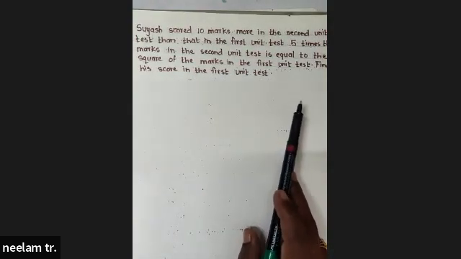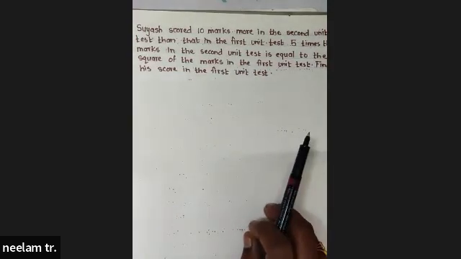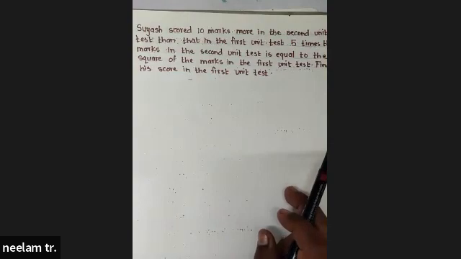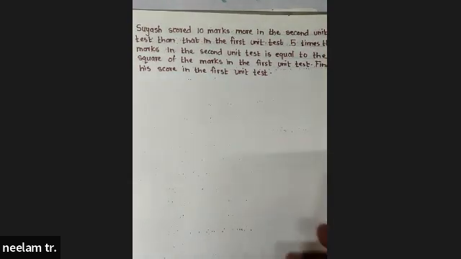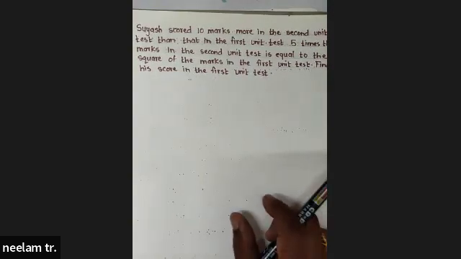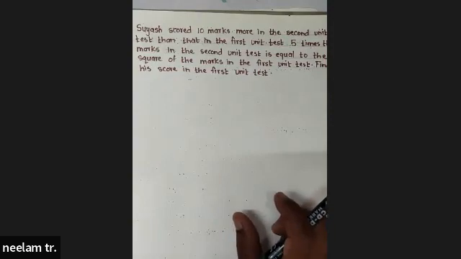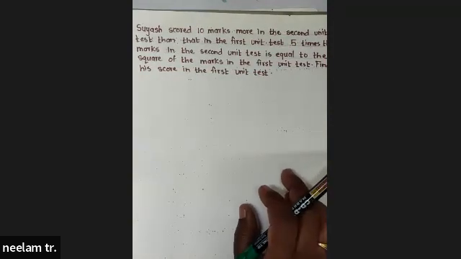Class, in this type of question, the students get confused. What to take, how to take, and how to solve it. Because it is a bit of a tricky sum. But if you start reading sentence by sentence, very carefully and slowly, you will understand it very easily.